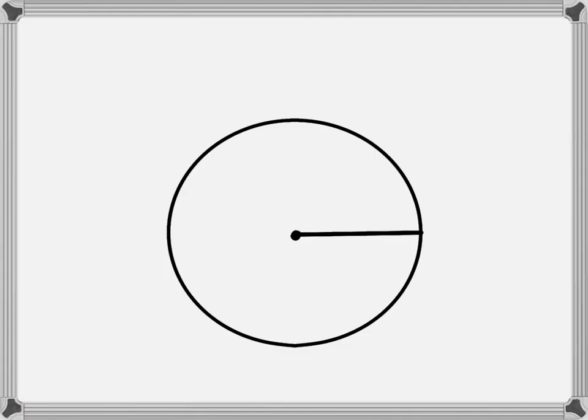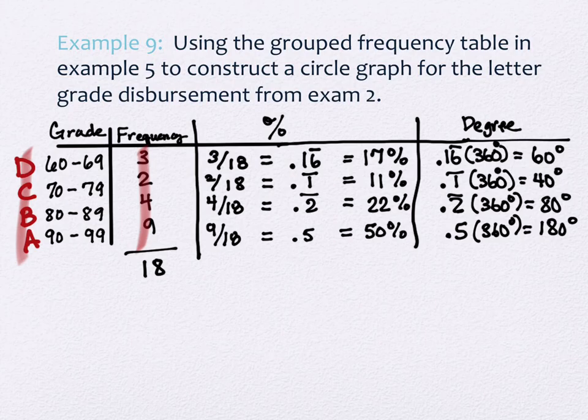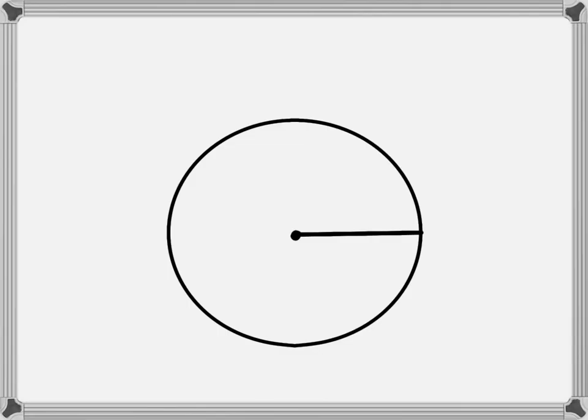Now, it's going to be the easiest on this one for us to use the 180 first, because 180 is how much of a circle? It's half, right? It's a semicircle. And so we can cut this in half really easily, wherever we made our center, and go the other side. And this piece, that's either the top or the bottom, whichever you pick, I'm going to use the top, would be 50%.